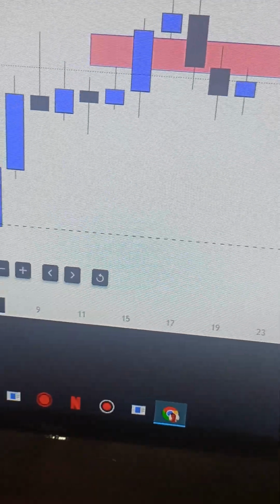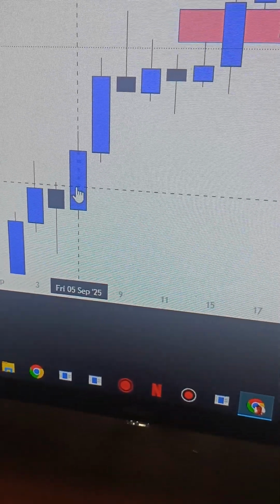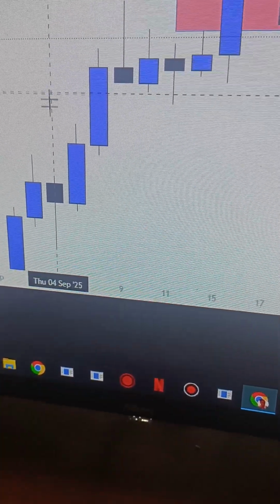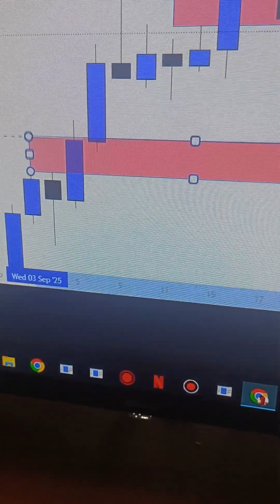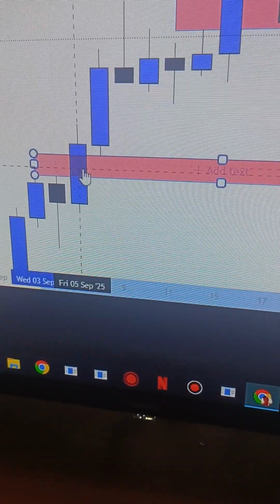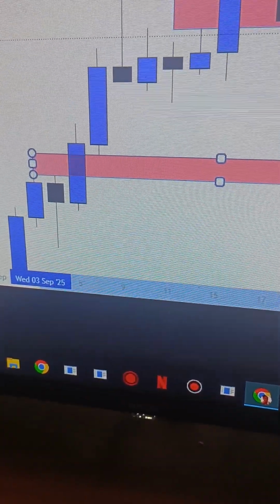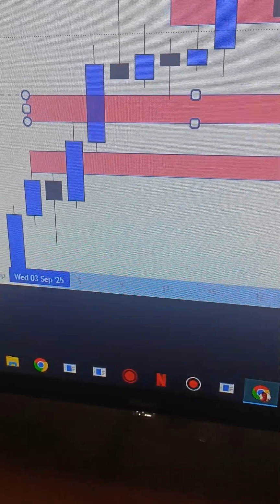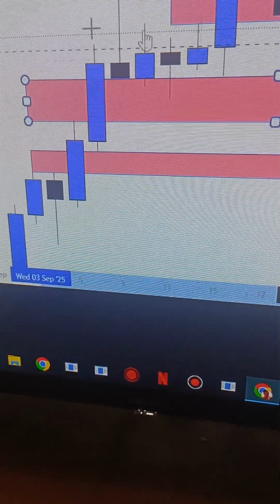We have the first candle, the second candle, and the third candle, and they did not meet, giving us a fair value gap. This candle and this candle did not meet, giving us a fair value gap there. So this is what we call a fair value gap.